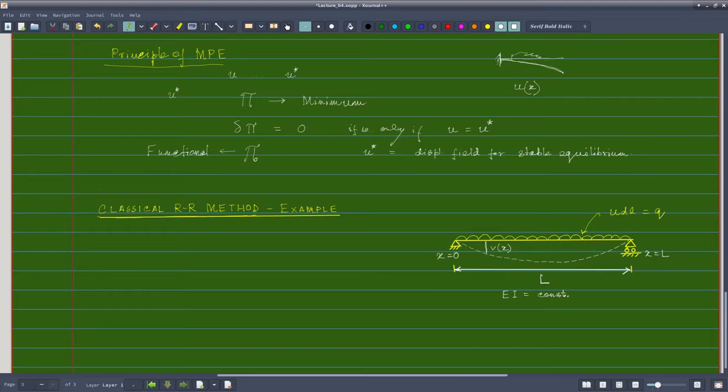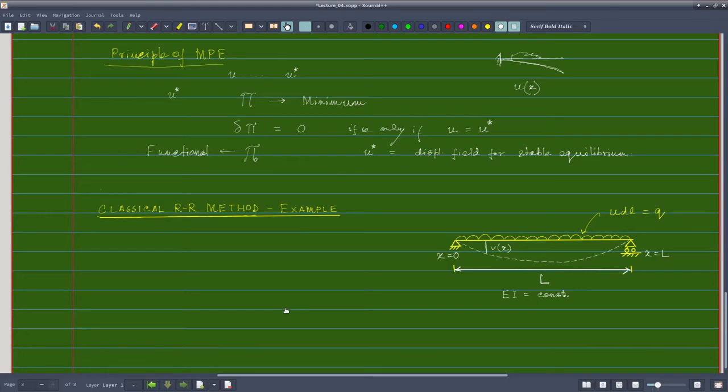We take x equal to 0 here, and x increases towards the right-hand side. The length of the beam is L. The beam is prismatic, so EI is constant. Its span is L, and it is acted upon by a UDL of intensity Q, say.